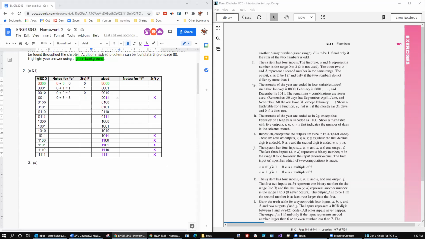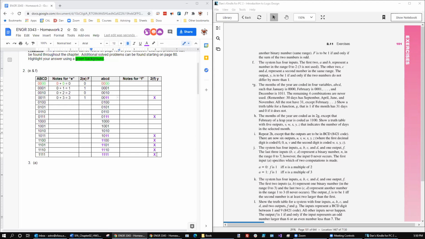So let's turn my camera on at the end here. So logic 1 means true or on. Logic 0 means off or false. But logic X means you don't care. Okay, so we'll see this occasionally during the semester.